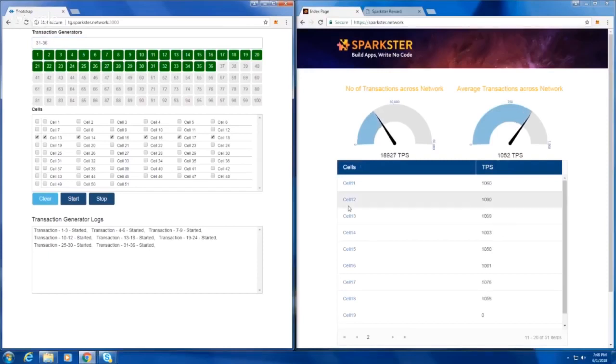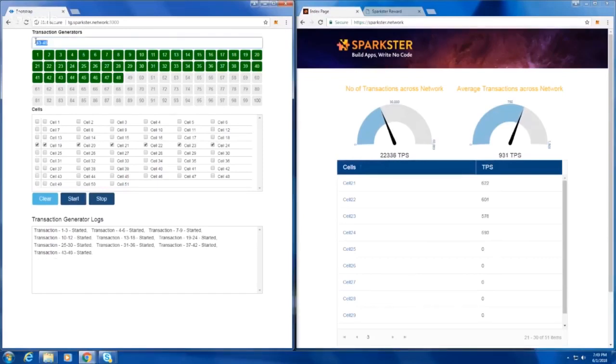Now we're at 19,000 transactions a second. And now let's continue loading the network up with more TPS. Can we move to the next page, guys, on the right-hand side? Maybe the next page, yeah. 22,000 transactions a second.